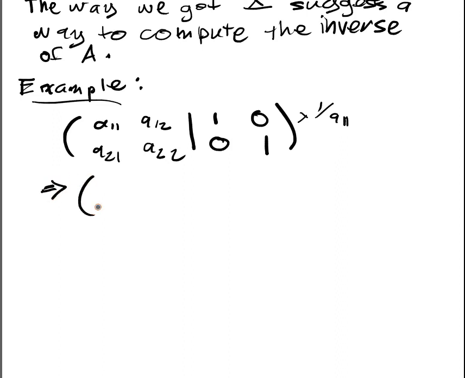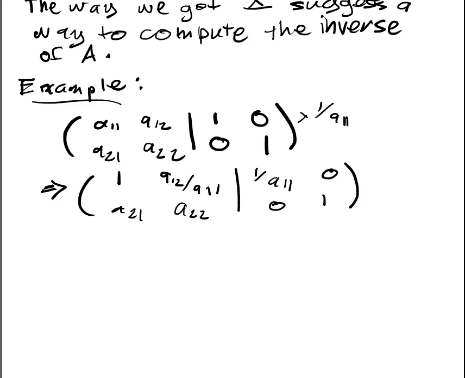So what do we get? The first step gives us 1, A12 over A11, 1 over A11, 0, A21, A22, 0, 1. The next thing we do is we subtract off A21 times row 1.